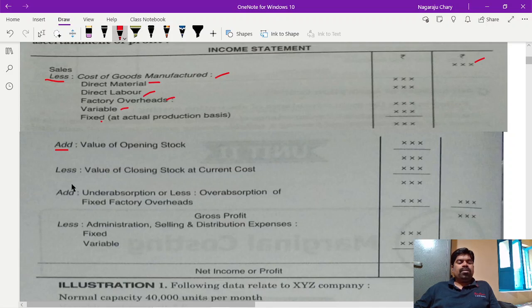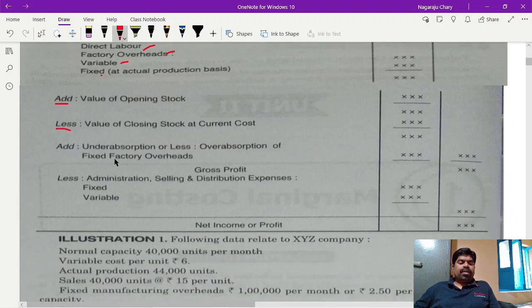Then if any closing stock is there during this year, that closing stock is to be carried forward to the next year. So that's why this closing stock is to be deducted. Later, if any under absorption or over absorption of factory overheads is there, that is to be taken into consideration, that is to be added. Then ultimately we get gross profit.